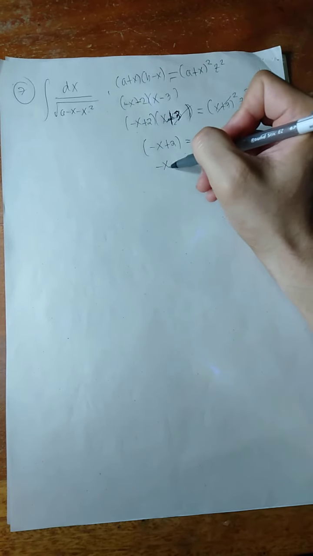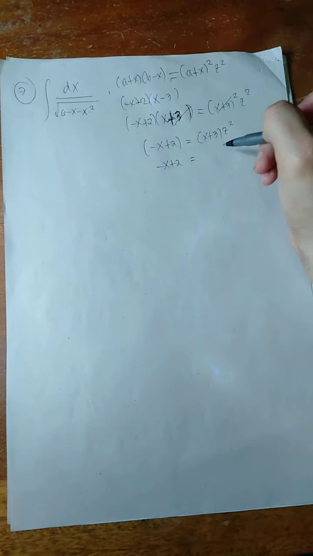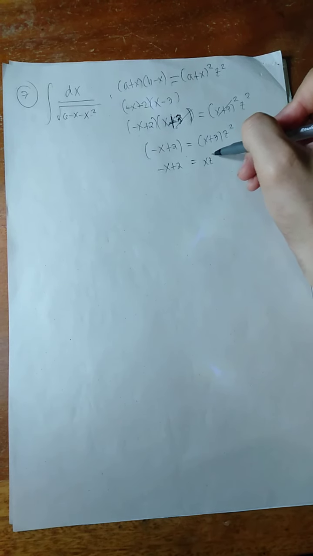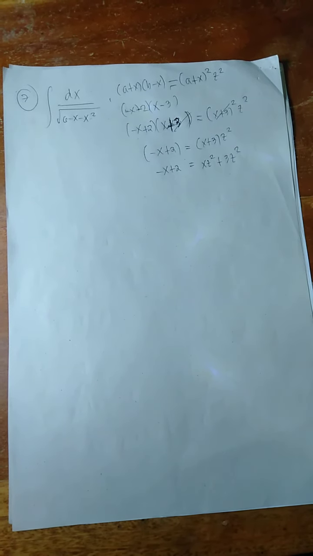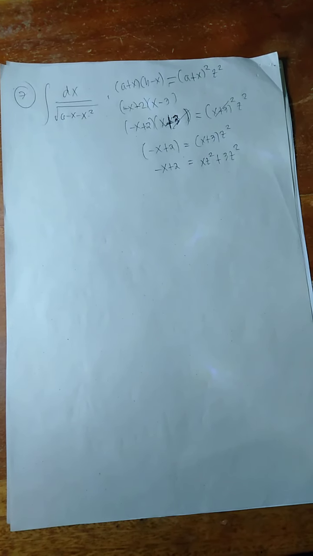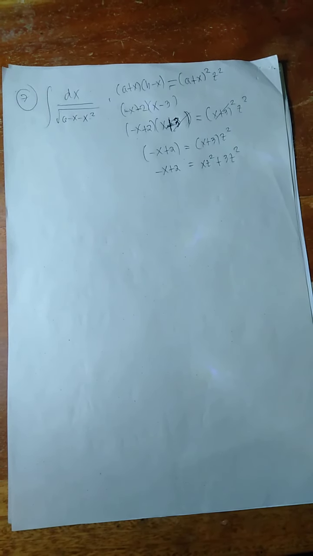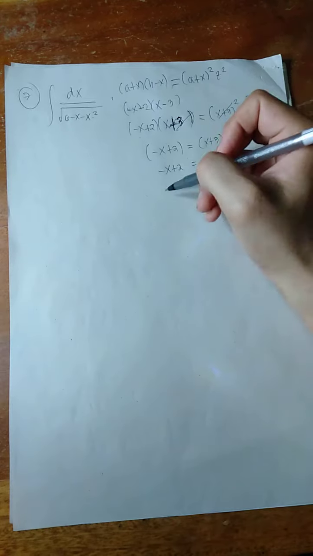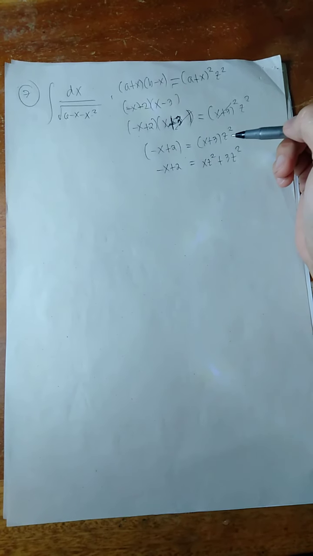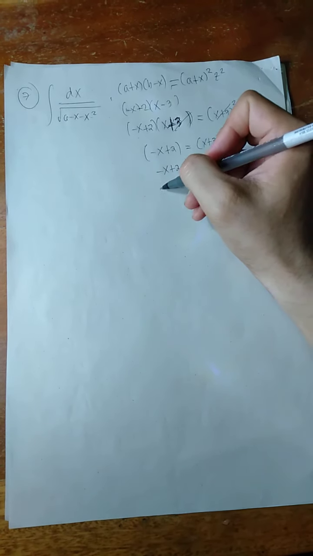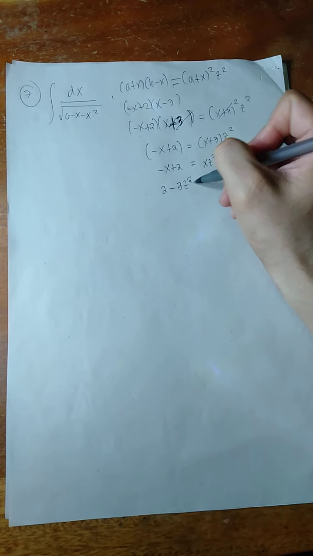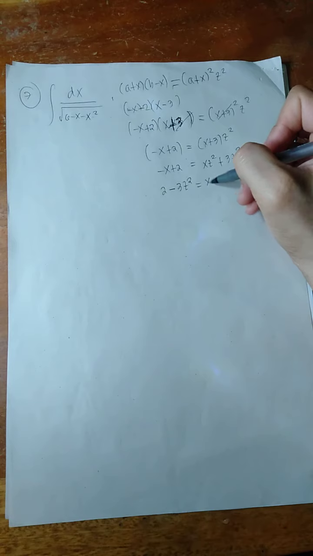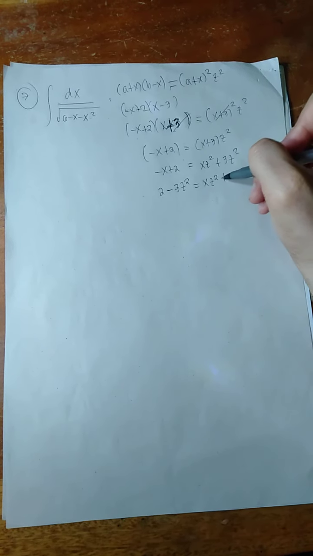So, negative x plus 2. So, x z squared plus 3 z squared. Then, pwede tayo mag-combine ng x, di ba? Para makuha tayo ng equivalent value of x. So, transpose, kabila na lang. So, 2 minus 3 z squared is equals to x z squared plus x.